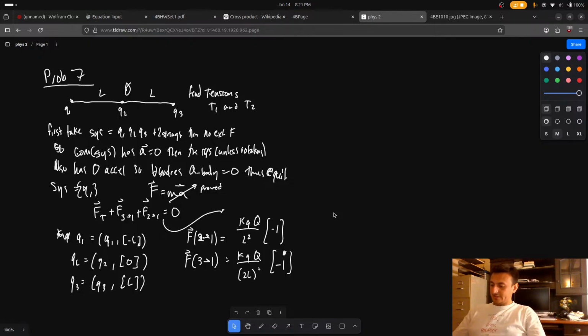Okay, so then we're going to get F2 on 1 plus F3 on 1 is equal to minus KQQ over L squared minus KQQ over 4L squared.